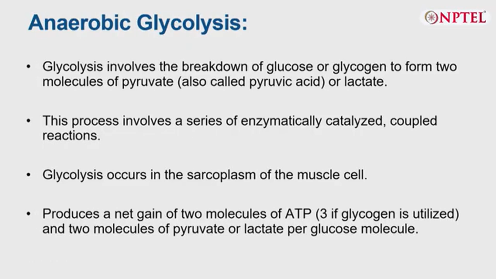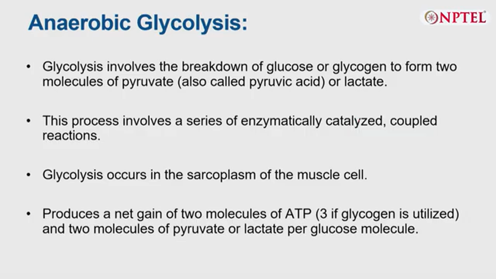So, the anaerobic glycolytic system involves the breakdown of glucose or glycogen to bring 2 molecules of pyruvate, also called pyruvic acid, and lactate. This process involves a series of enzymatically catalyzed or coupled reactions. Glycolysis occurs in the sarcoplasm of the muscle cell and produces a net gain of 2 molecules of ATP.